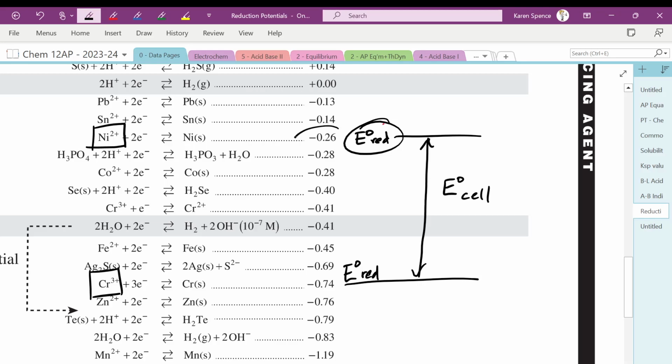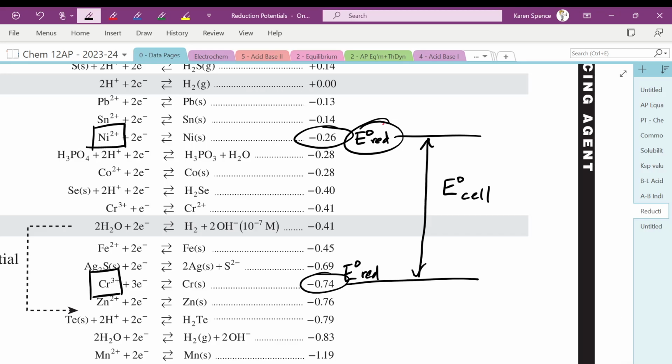Better, because this is negative 0.26. This one is negative 0.74. So which one is thermodynamically more favorable? Is a more negative value more favorable, or is a less negative value more favorable?